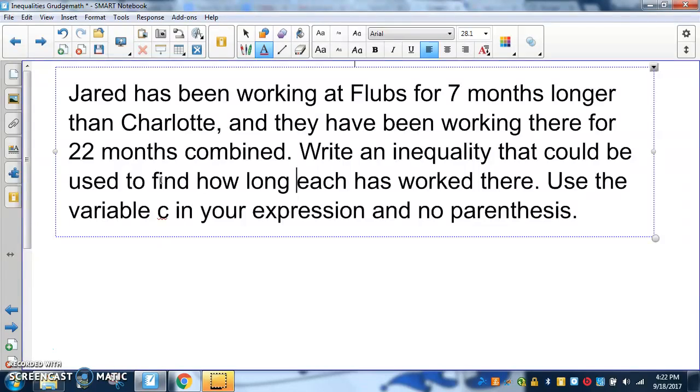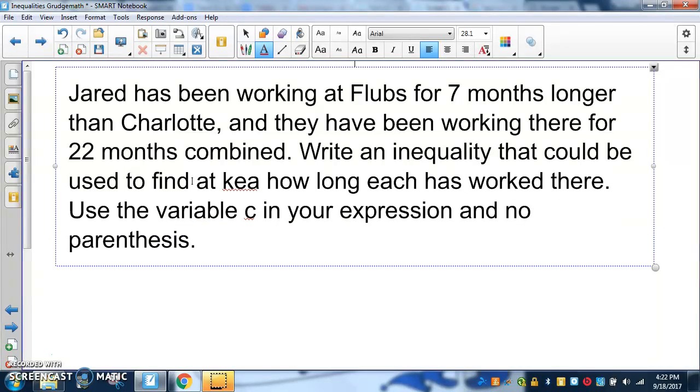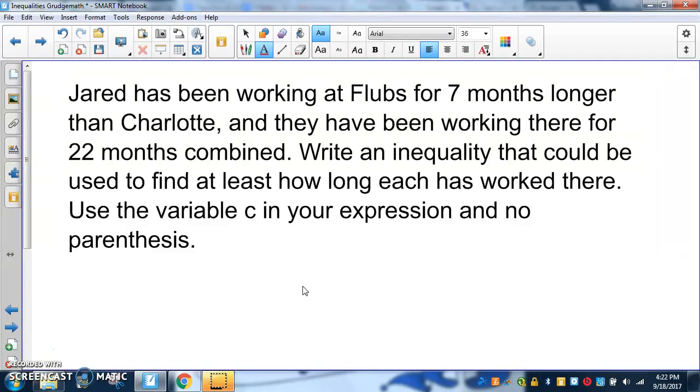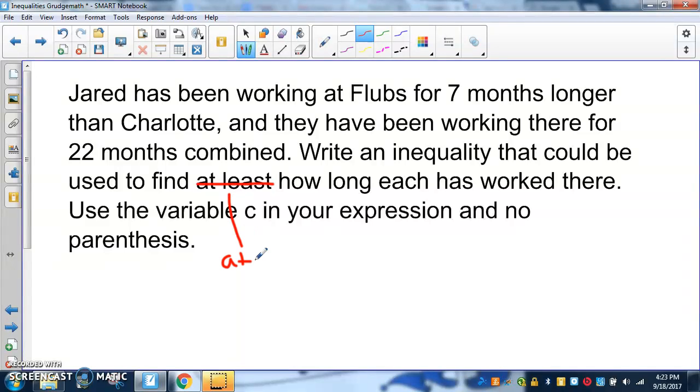and I said instead of to find out how long each is worked there, if I said to find out at least, perhaps, how long each is worked there, or if I want to go even crazier, I could say at most, how long is each worked there. It's really just going to be the exact same thing that you did before.